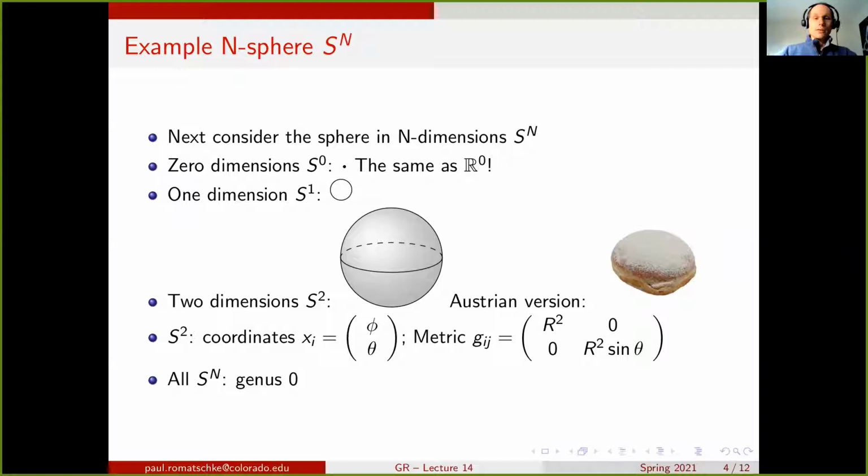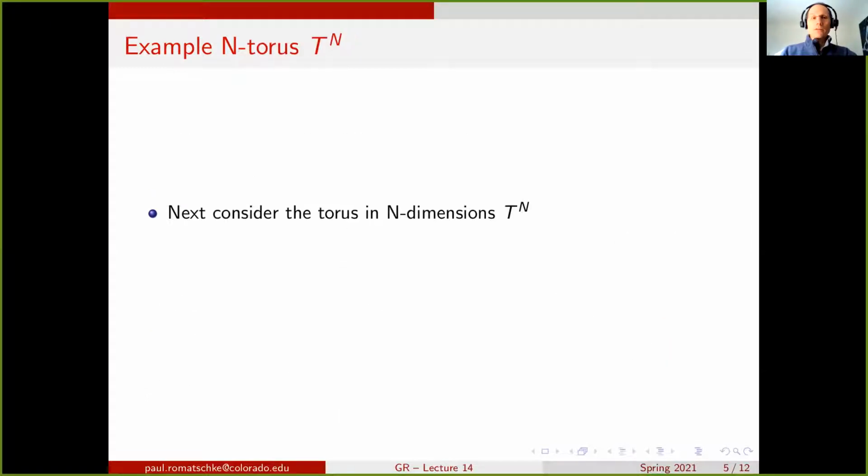There is an obvious generalization of the n-sphere to higher dimensions, S^n, and I want to note that all of these n-dimensional manifolds here are genus 0, where the genus just tells you how many holes a manifold basically has. To give you a non-trivial example, let me now discuss the n-torus, T^n.